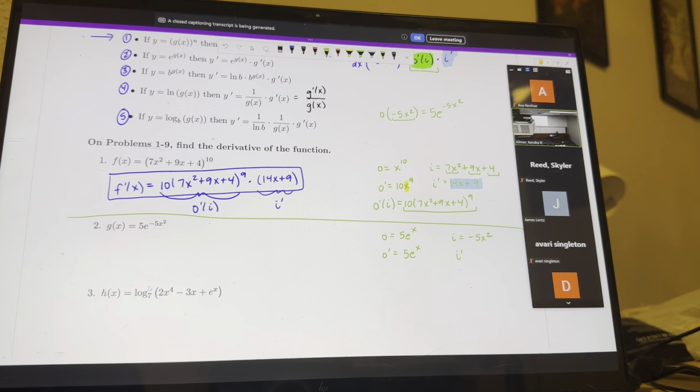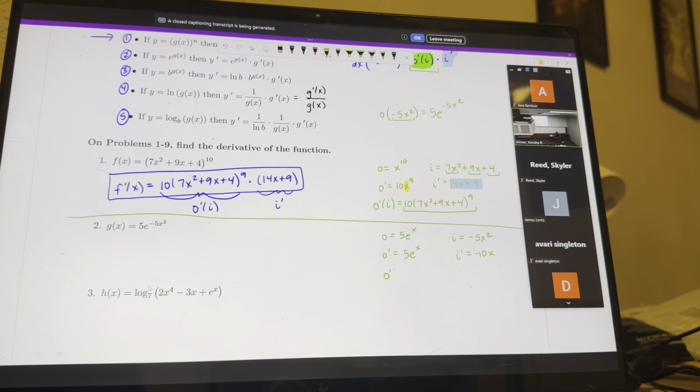The derivative of my inner function: we have a constant times a power function. The constant stays out in front, that power comes down. We have negative 10x because we bring that power down and then we subtract 1. So I prime is negative 10x. But then we need to evaluate the derivative of the outer function at the inner function.